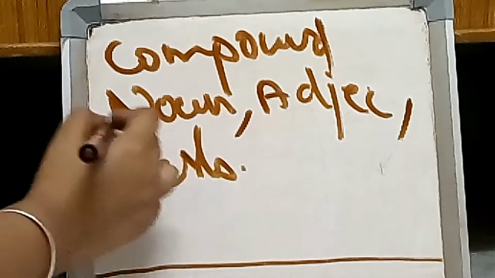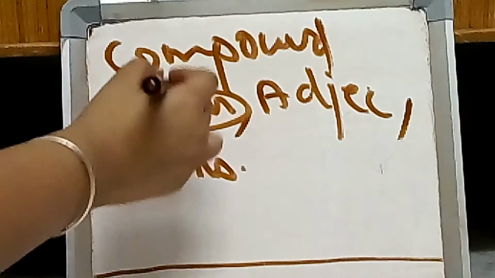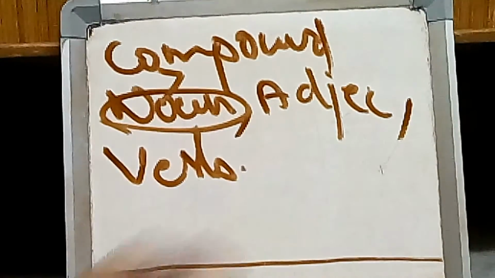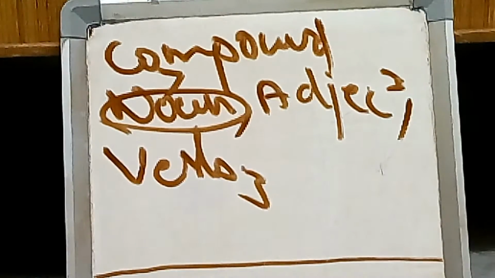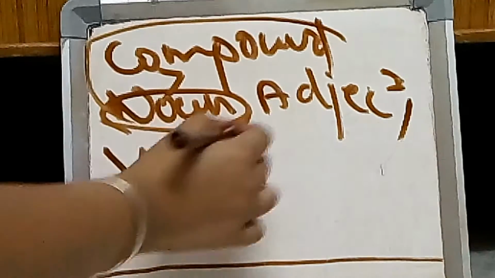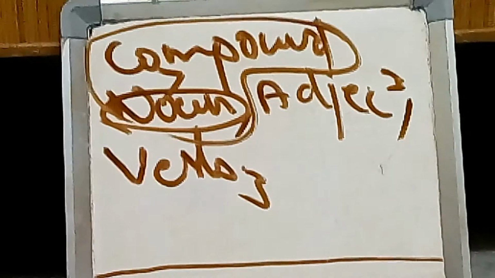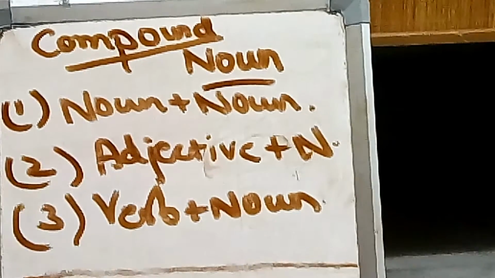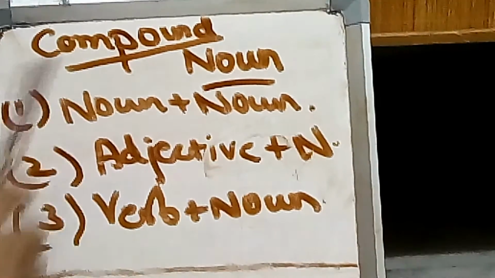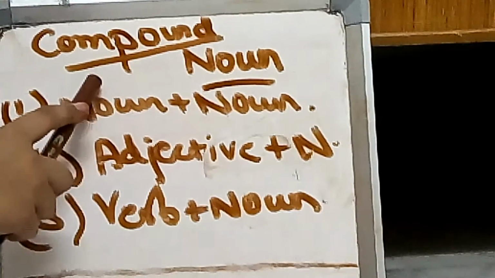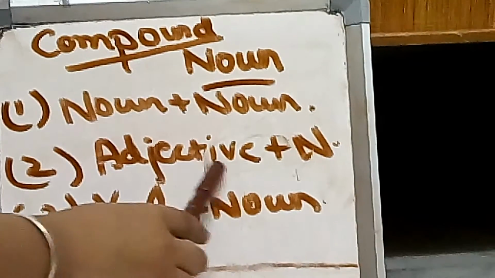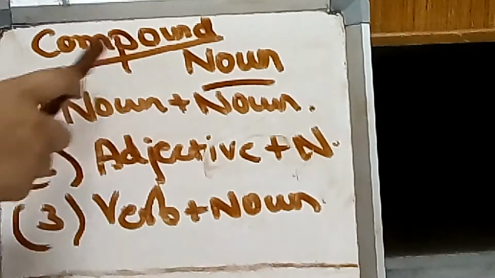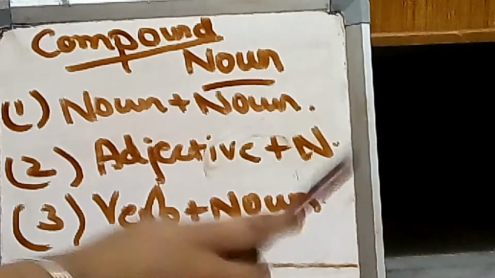And in these as well, in noun there are 7 types, in adjectives there are 3 types, and in verb also we have 3 types. Now let's see about the compound noun first. So guys, in compound noun the first 3: a compound noun can be formed by adding a noun and a noun. It can be formed by adding an adjective and a noun. It can be formed by adding a verb and a noun.